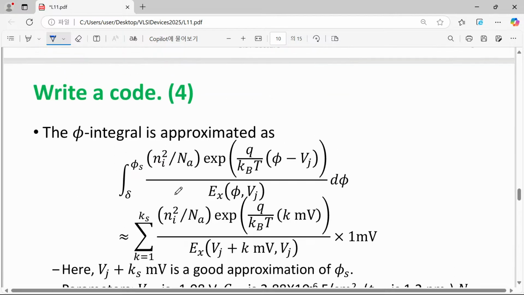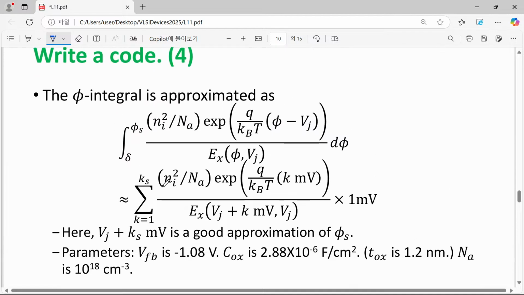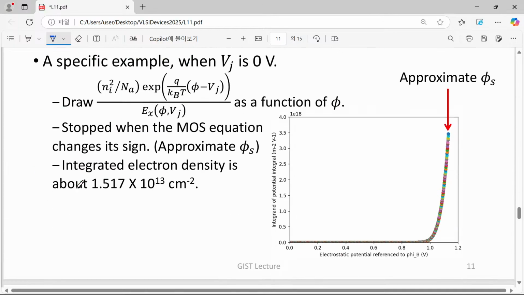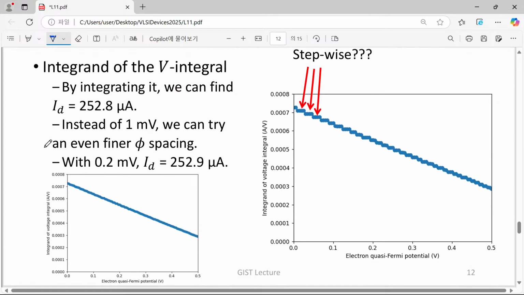And by performing this kind of integration, so this is the phi integration, it can also be converted into a Riemann sum. And here I have introduced a specific value of delta phi, but this is just a 1 millivolt case. You can adopt different values, like 0.1 millivolt. And by performing all of this, you will eventually find a certain drain current.